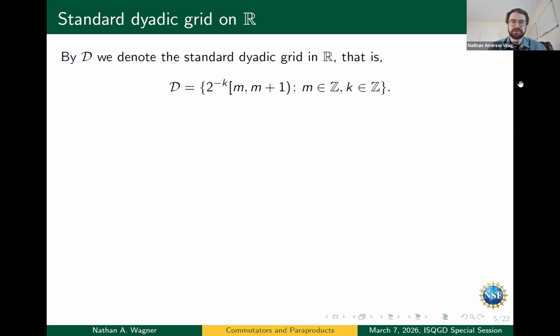Okay, so I'm just going to go over the basic objects that we're going to be dealing with. When we're in dimension 1 on the real line, we just take, for example, the standard dyadic grid, so intervals of the form 2 to the minus k times [m, m plus 1).